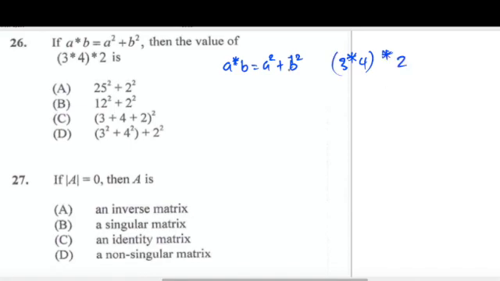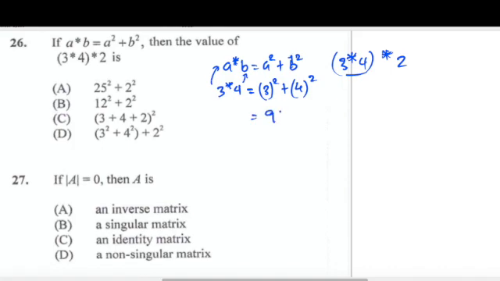Well, BODMAS does apply here, so we want to do the brackets first. So let's just do the brackets. 3 asterisk 4, that will be, look, 3 is A, so I'll just put 3 where A is, 3 squared, plus 4 is B, so I'll put 4 where B is. Yes, it is as simple as that.